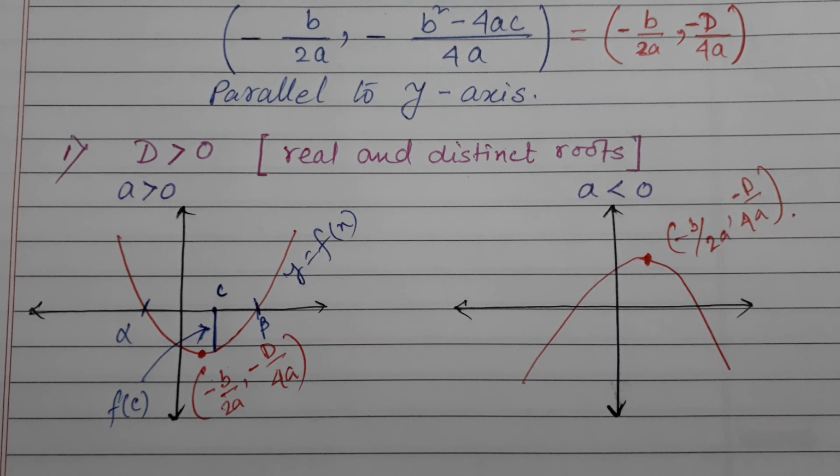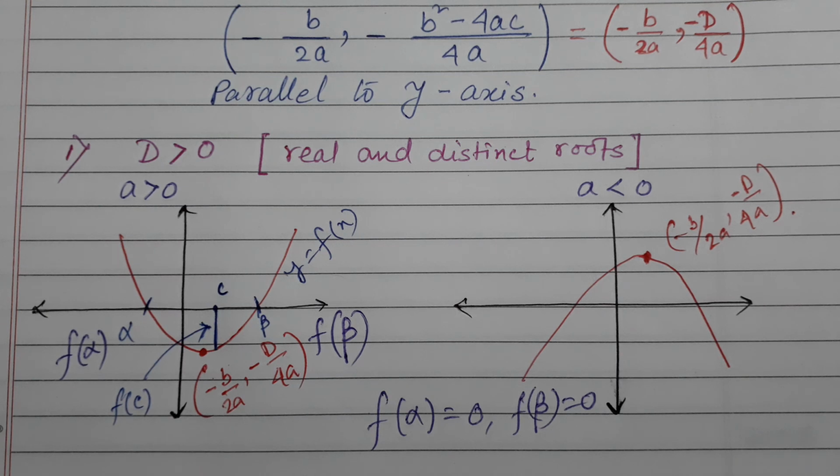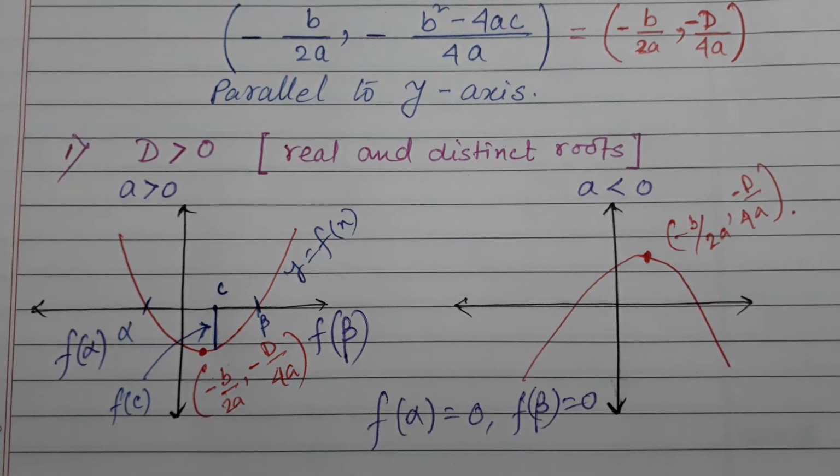That is, if f of c is below the x-axis, then f of c will be negative, and if f of c is above the x-axis, then it will be positive. And if f of c is on the x-axis, like f of alpha and f of beta, the functional value is 0. Therefore, we can say f of alpha equals 0 and f of beta equals 0. Therefore, alpha and beta are the roots of the quadratic polynomial.